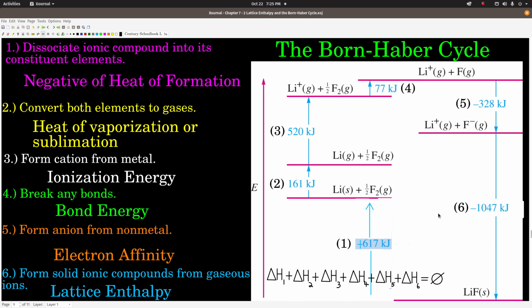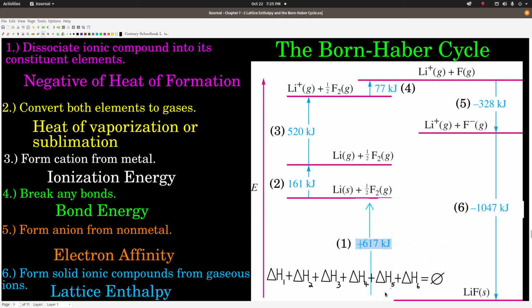Let's look at this example over here. The idea is this: you imagine we're using lithium fluoride here, so solid ionic lithium fluoride. We break apart that lithium fluoride into its constituent elements. Remember, these are imaginary processes that we can look up the enthalpy change for.